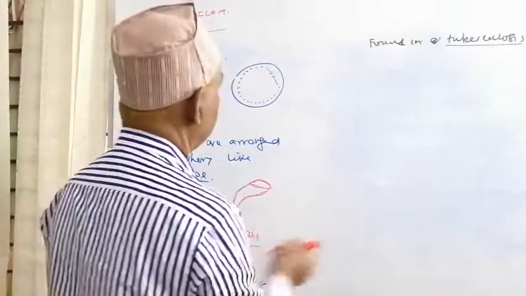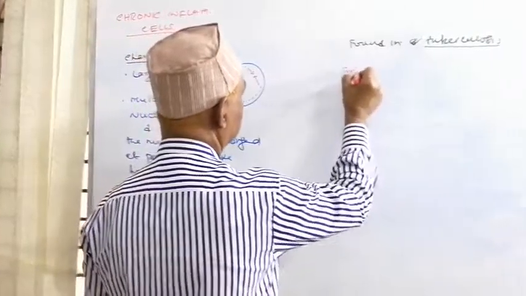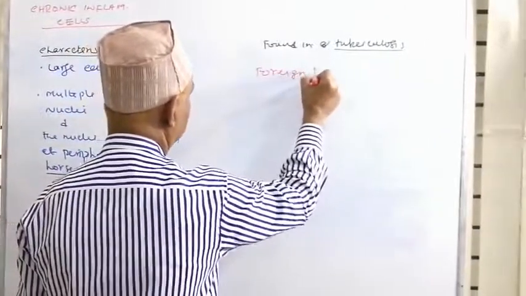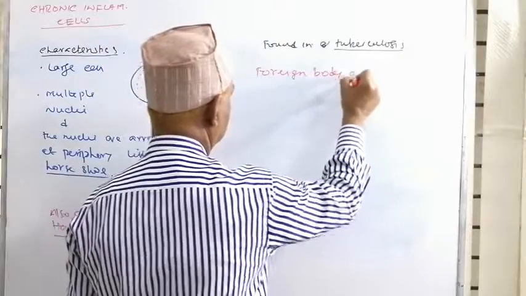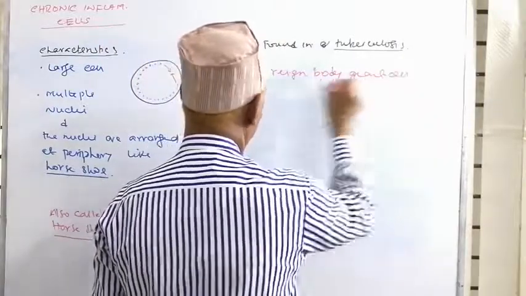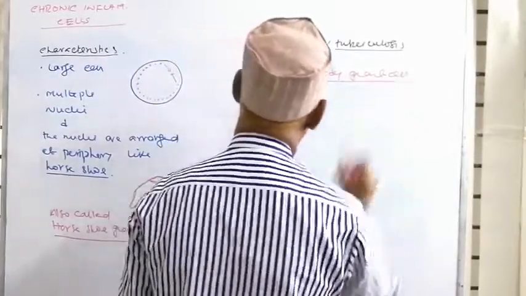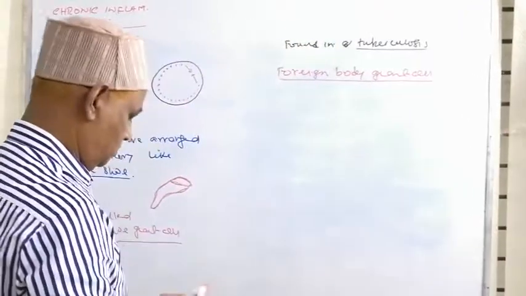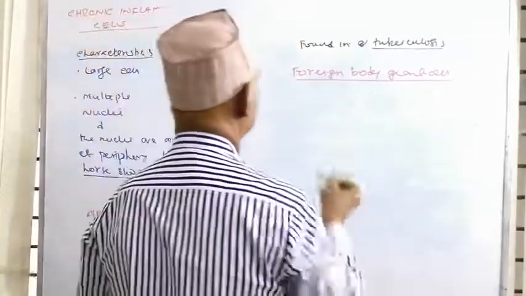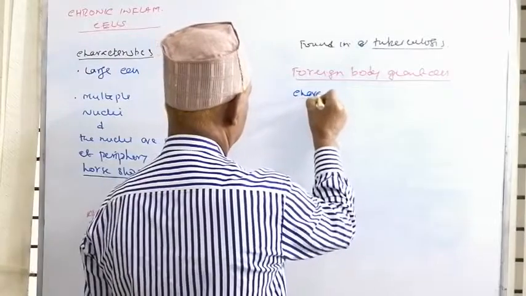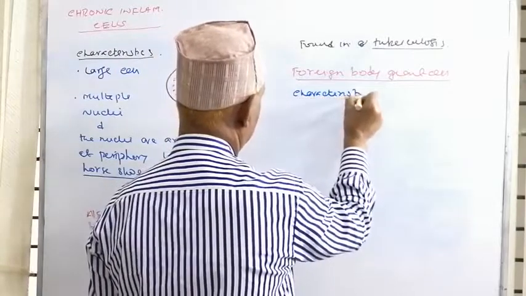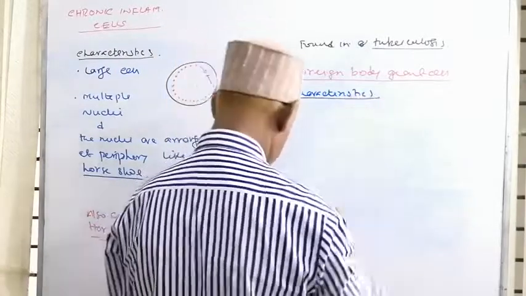Now come to foreign body giant cell. What are the characteristics of foreign body giant cell?